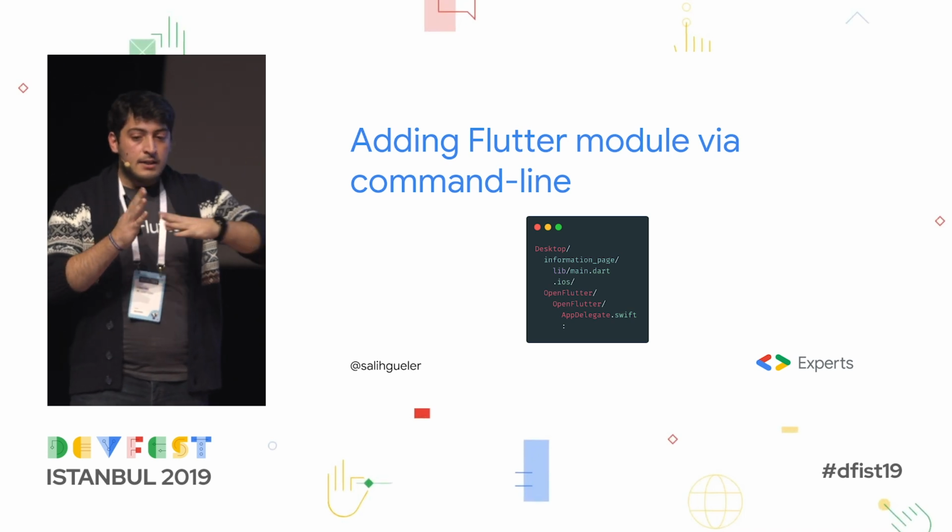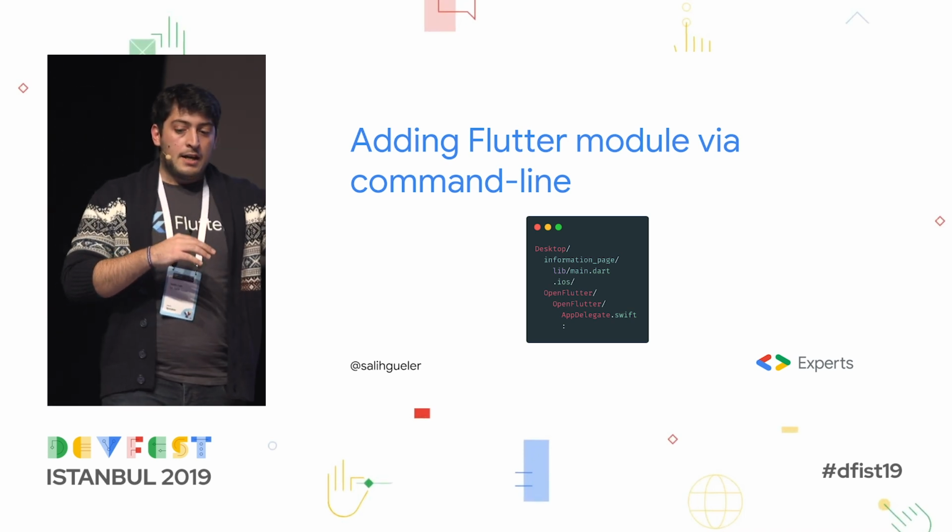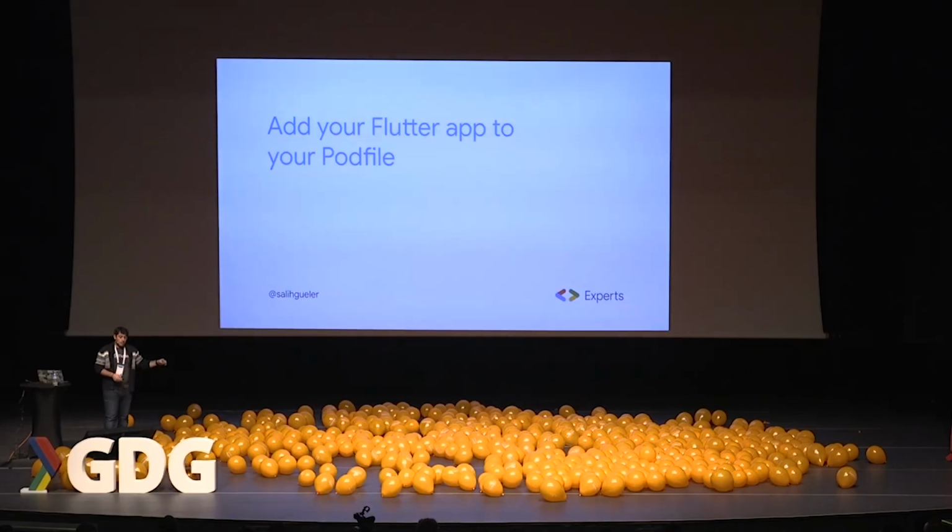And exactly at the same level, I have my Flutter package. As I said, it shouldn't be inside of it or outside of it. They should be at the same level. So after we are sure that our module is exactly at the same level as my project, let's move on.